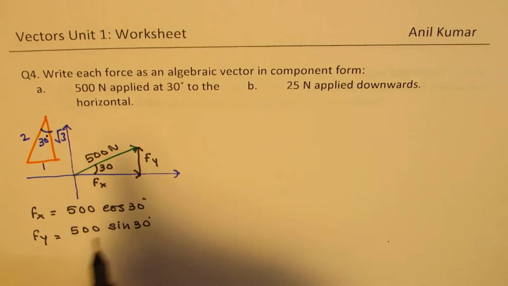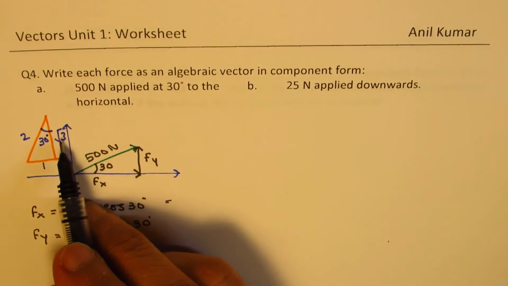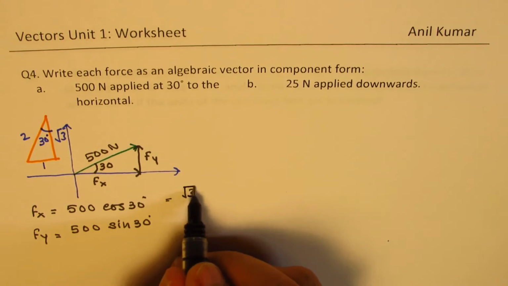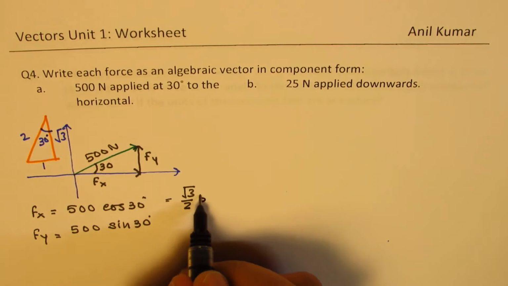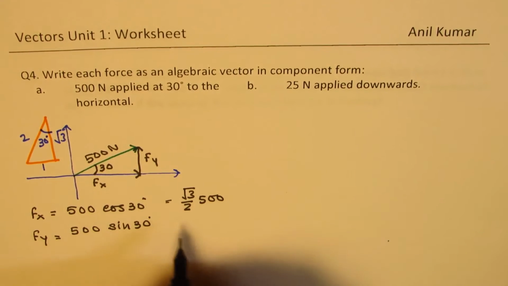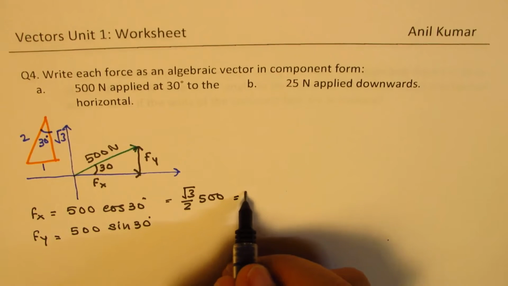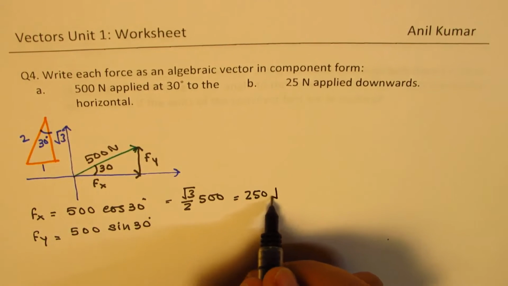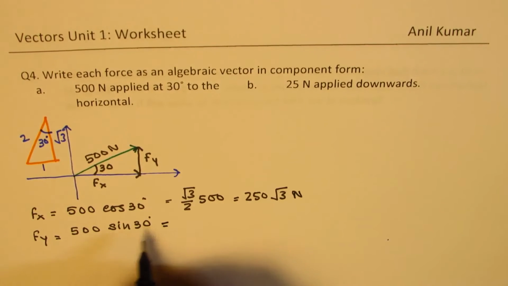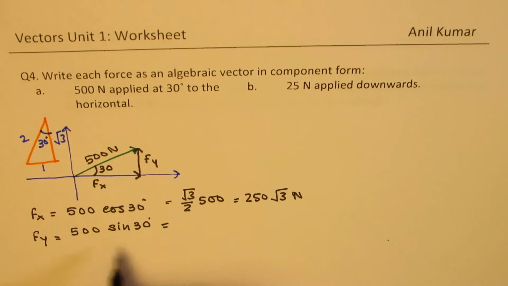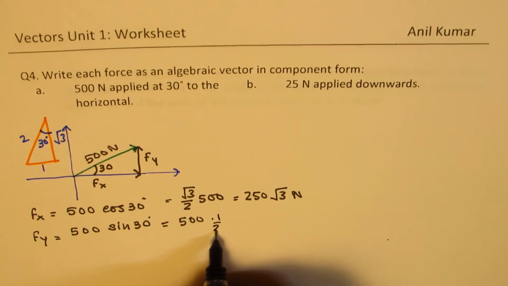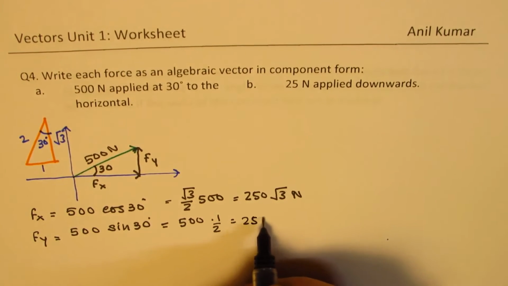So the cos component is square root 3 over 2, times 500, which is equal to 250 square root 3 newtons. The other component will be 500 times half, which will be 250 newtons.